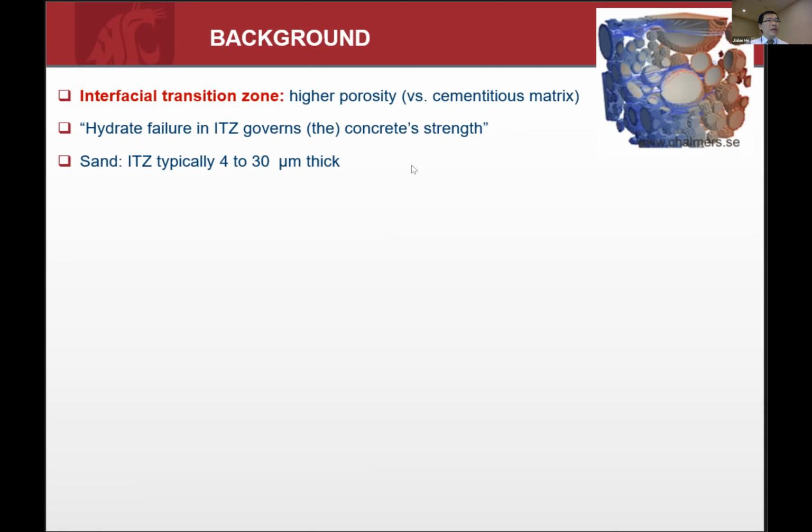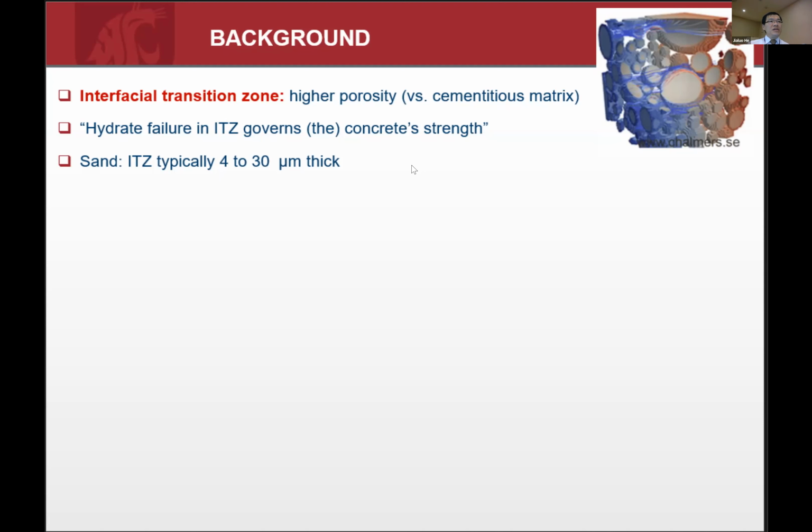Also, according to another study, the hydration product failure at the ITZ, or interfacial transition zone, governs the concrete strength. So that's, again, the weakest link we're targeting.